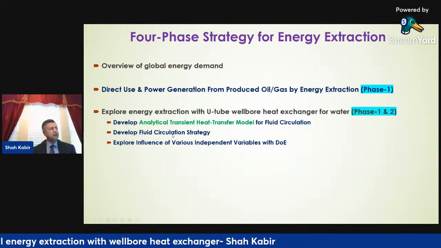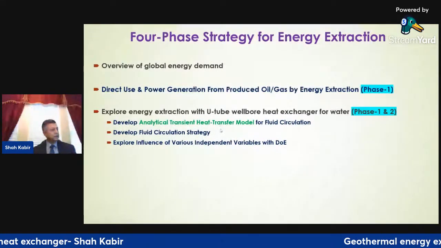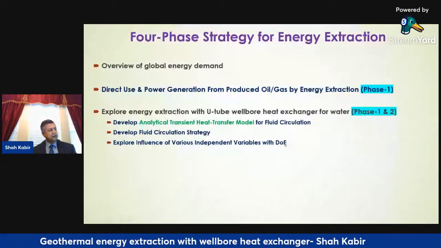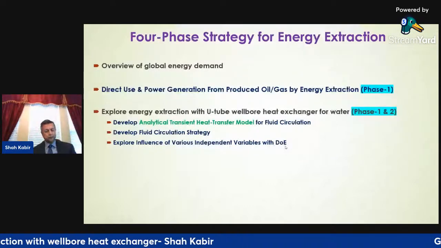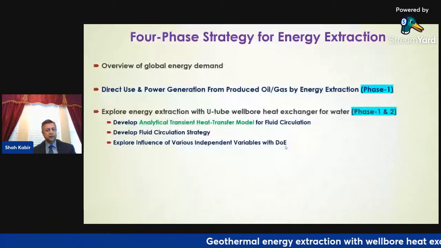If we keep circulating fluid day and night, then that doesn't work. So what can we do about it? We used statistical design of experiments, which DOE stands for, and with that, we can learn a lot about which independent variables are consequential to what we are trying to do.